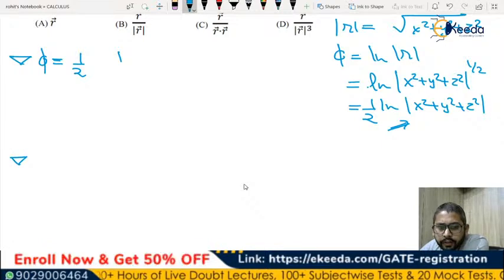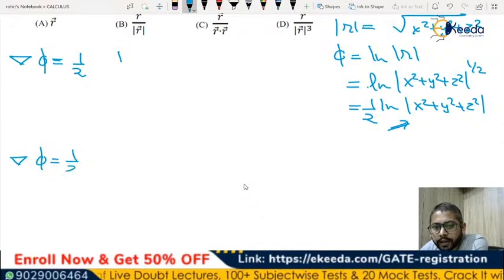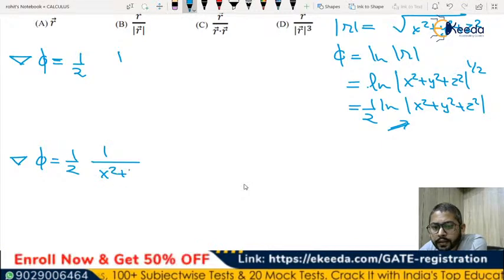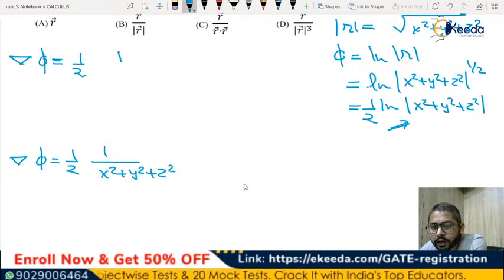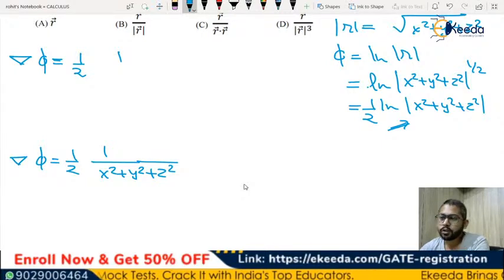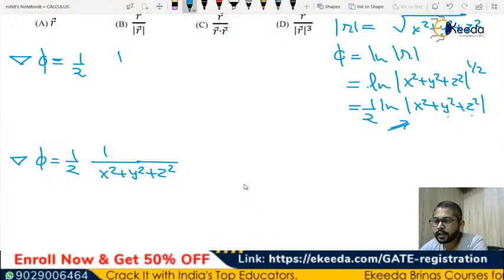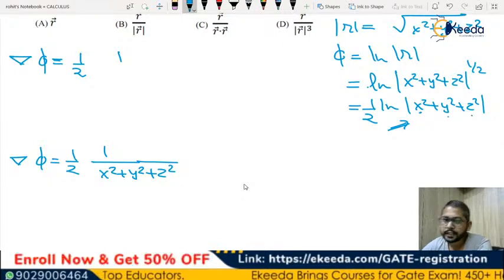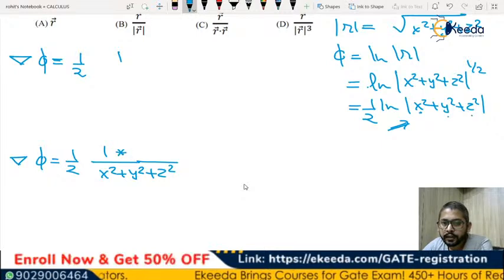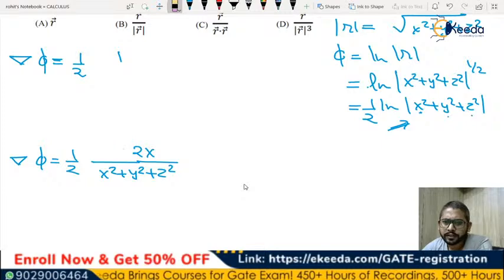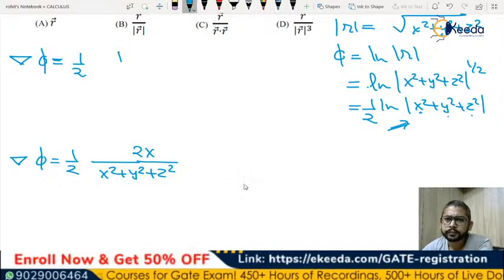So this is going to be 1 by 2 ln of x square plus y square plus z square. So what is this first differentiation? It is in terms of x. So considering y square and z square as constant, using chain rule here, you will have to differentiate x square also. So this will be 2x directly.